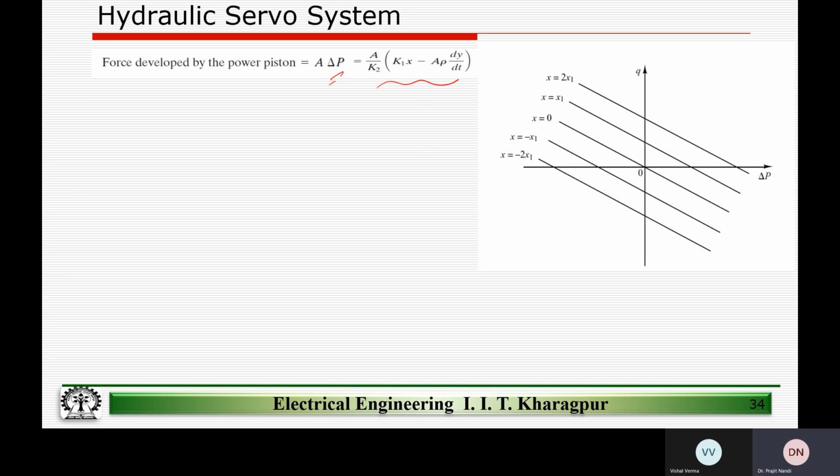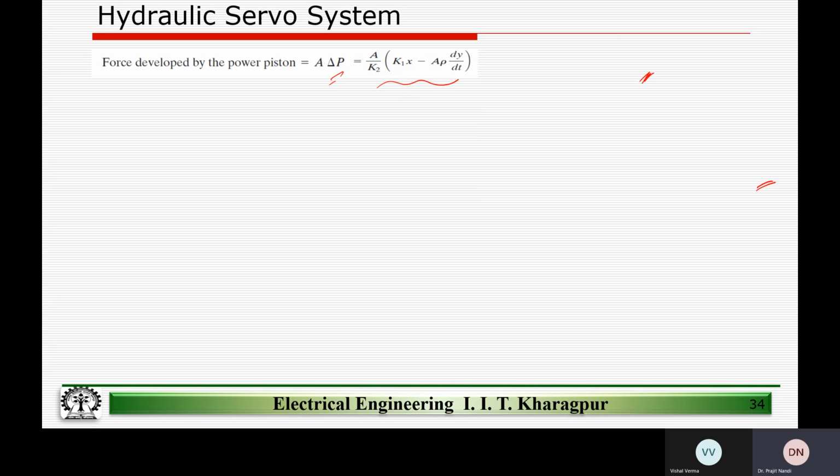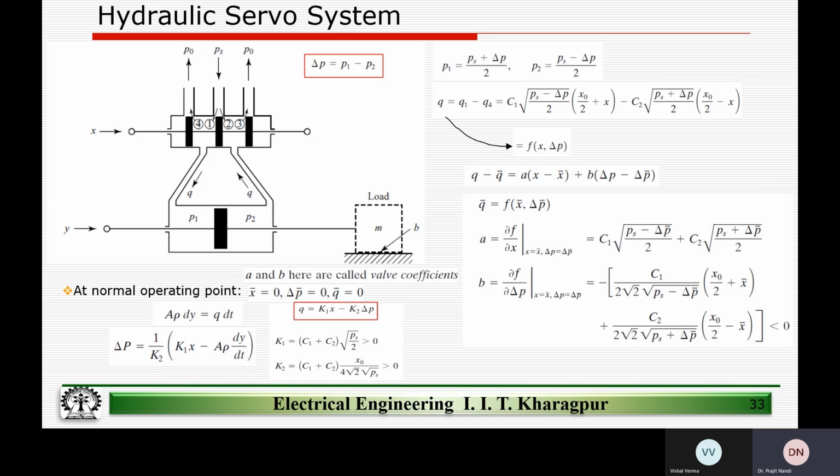So here in this graph, on the x-axis I have delta P, and on the y-axis I have Q, which is the flow rate, right? And if I look at the expression that we derived in the last slide, which is this, Q as a function of X and delta P, right?